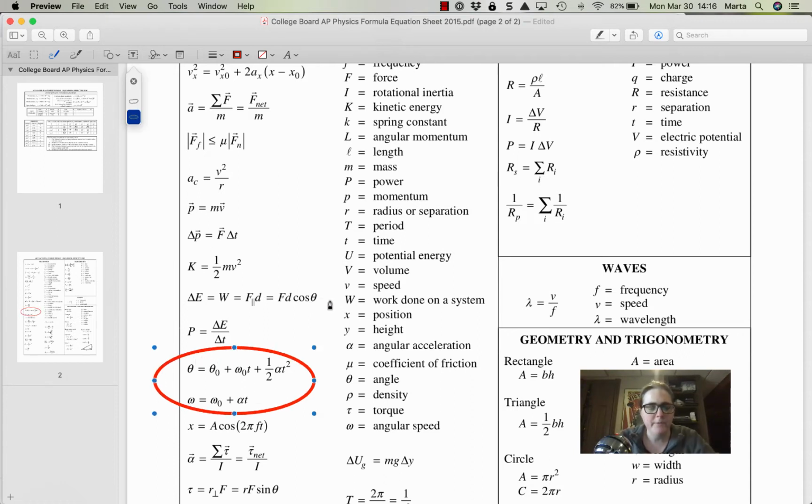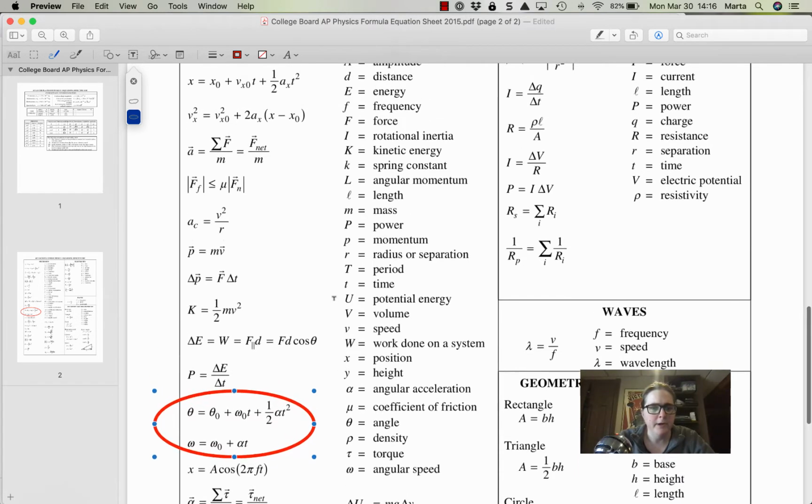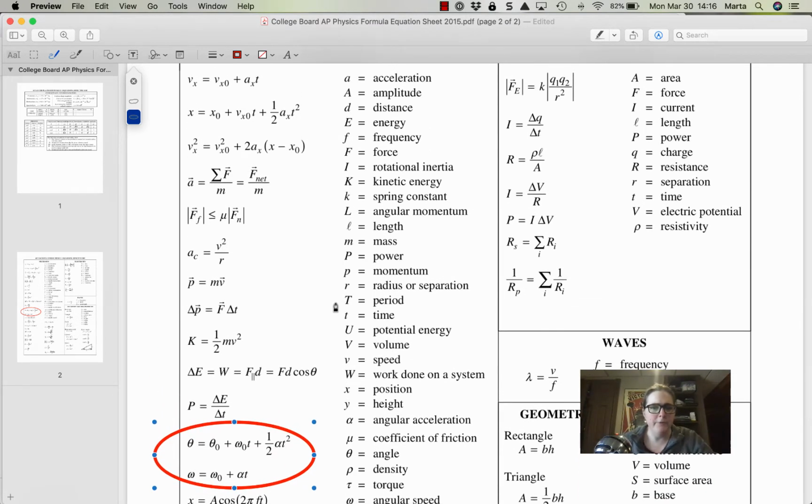Now, something in particular I want to point out. I'm going to scroll up so we can see the top of my formula sheet. I want to look at these two equations right here.